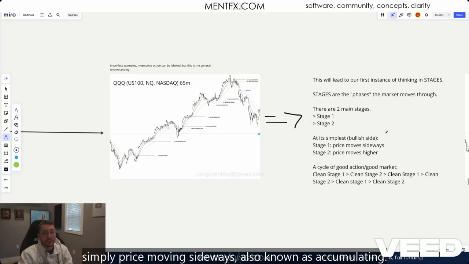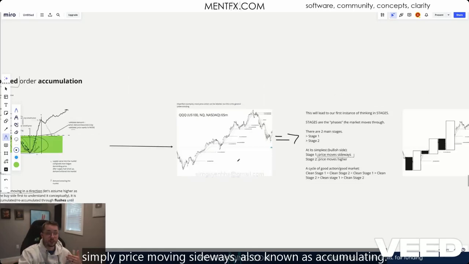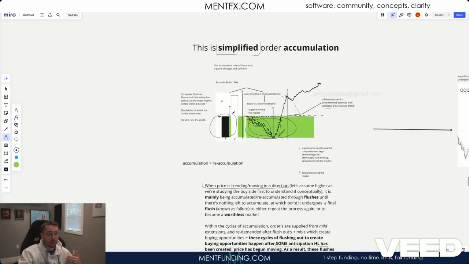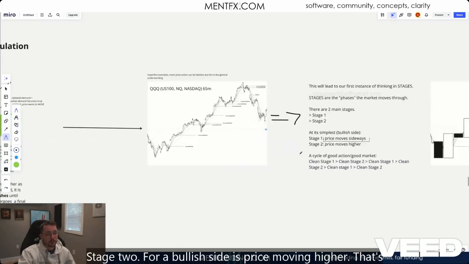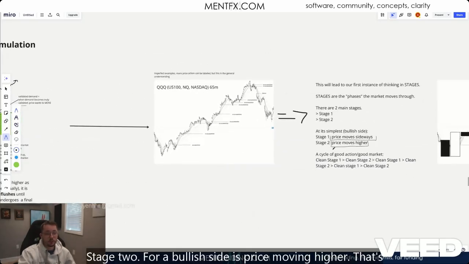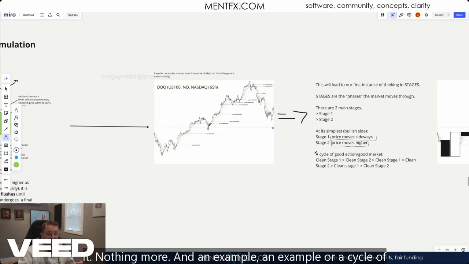Stage 1 is simply price moving sideways, also known as accumulating. Stage 2 for a bullish side is price moving higher. That's it. Nothing more.